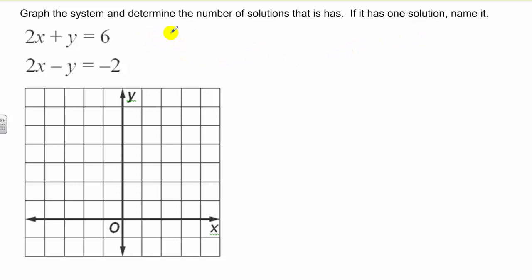So I need to put these in slope-intercept form. I'll subtract 2x from both sides, so this is y equals negative 2x plus 6. In this case, I will add 2 and add y to both sides, so I end up with y equals 2x plus 2.